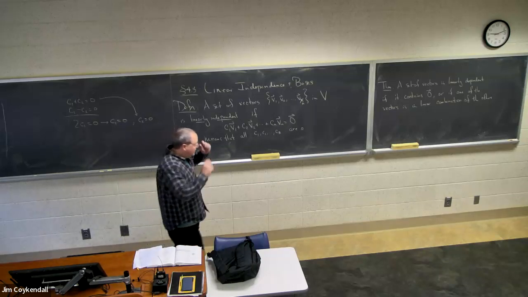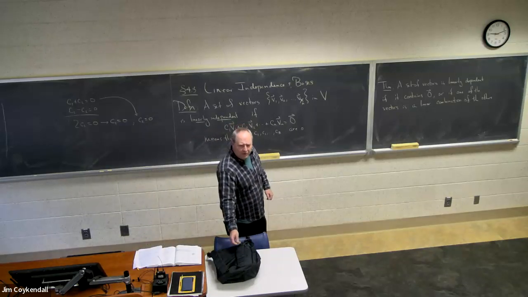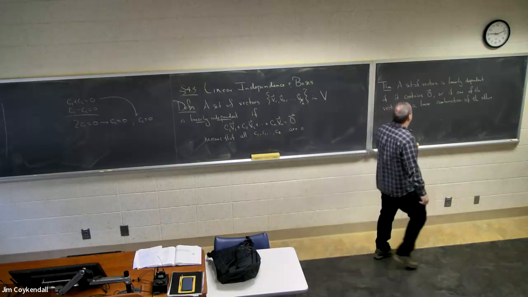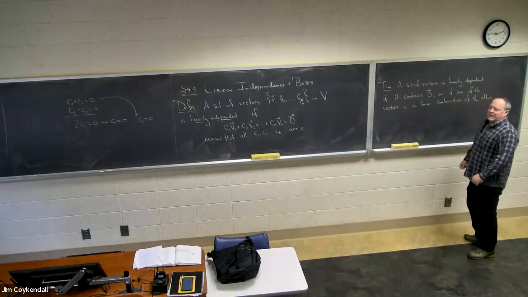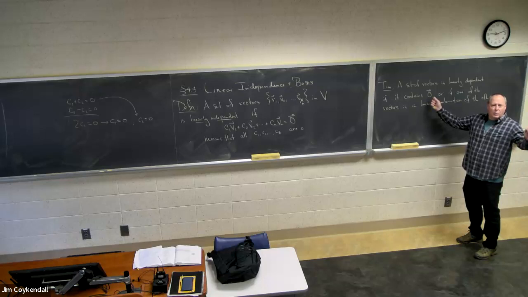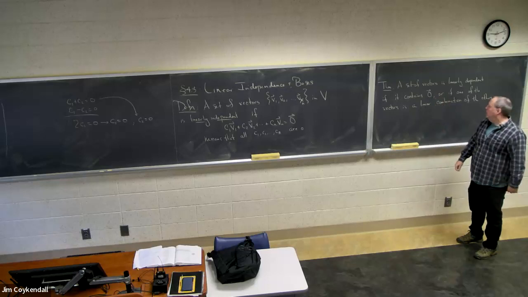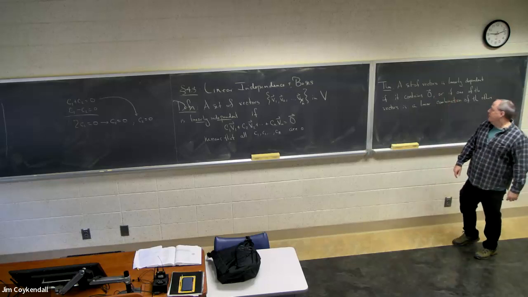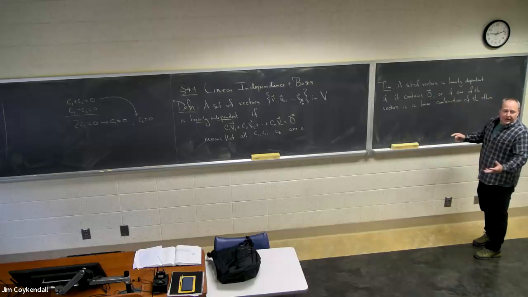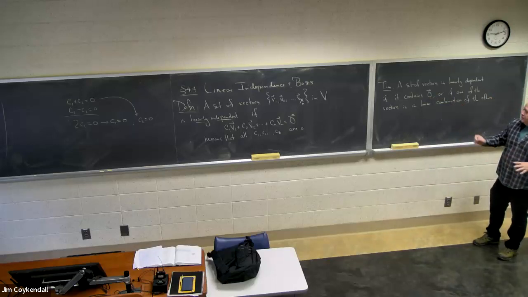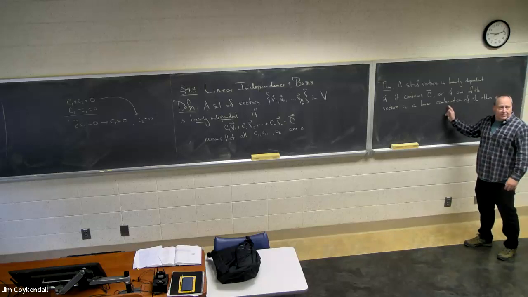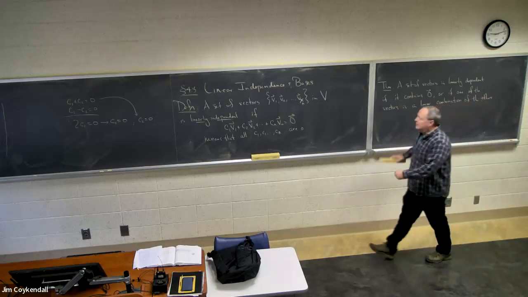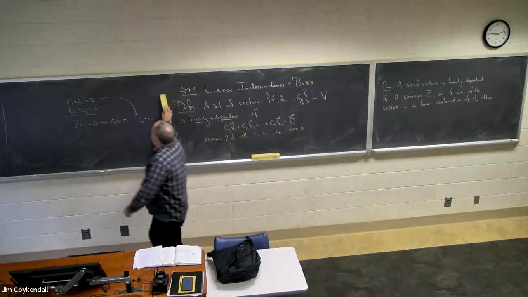Let me clarify this. If you have only one vector, and it's not the 0 vector, that's a linearly independent set, because it's not a linear combination of the others. If you have a larger set and it contains a 0 vector, it's automatically linearly dependent. And if it doesn't, but one of the vectors is a linear combination of the others, well, it's a linearly dependent set.